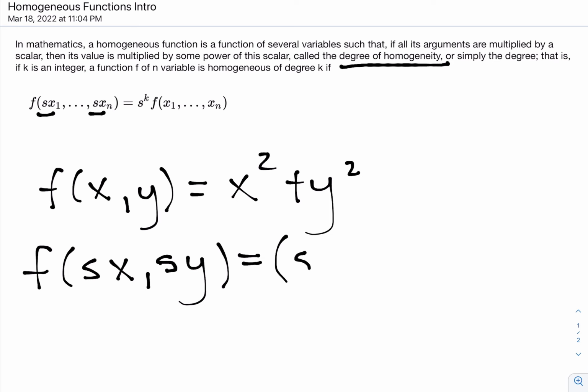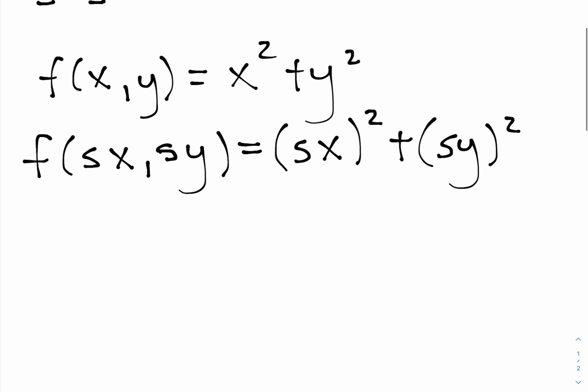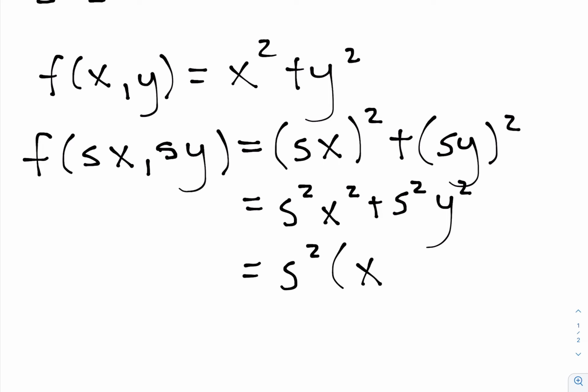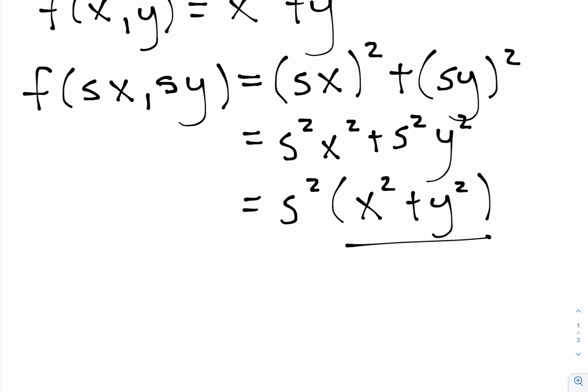Well, if we replace the x we had up here with sx, and the same thing with sy for y, this is going to be s squared x squared plus s squared y squared. Now you see how both terms have an s squared in them? That means we can factor out an s squared and multiply it by x squared plus y squared. You'll notice that the original function is still embedded within here, x squared plus y squared. We just factored out this s squared.